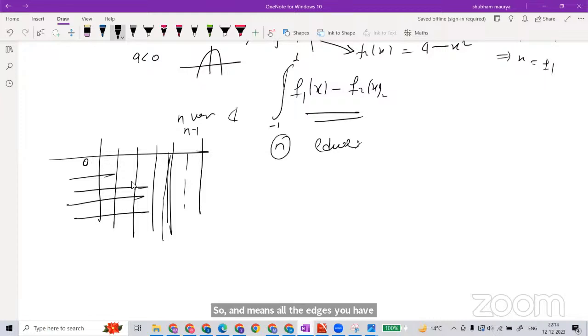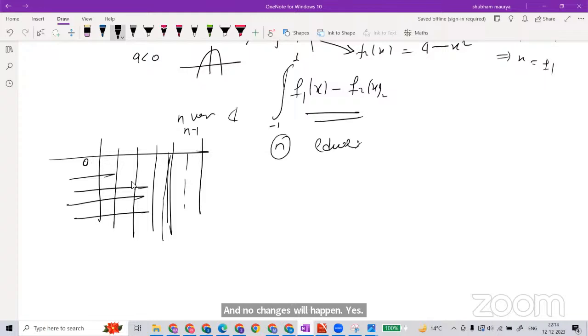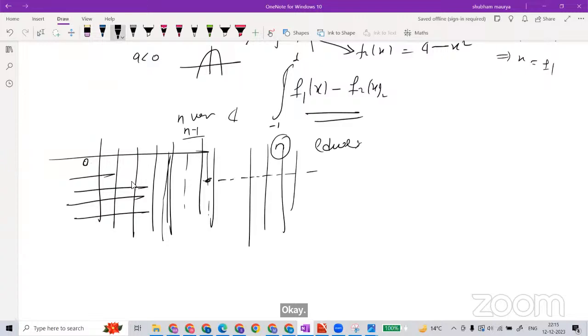Now if you do the next iteration, no changes will happen. But if it has a negative weight cycle, then it will not be the same. It will surely always decrease, decrease, decrease. That's why it is happening.